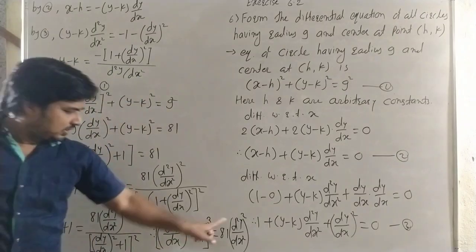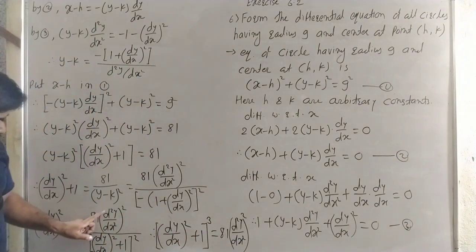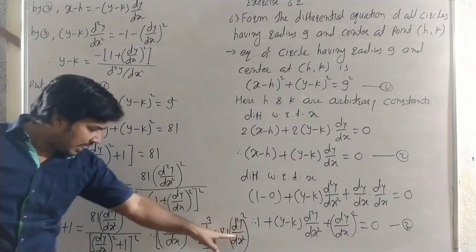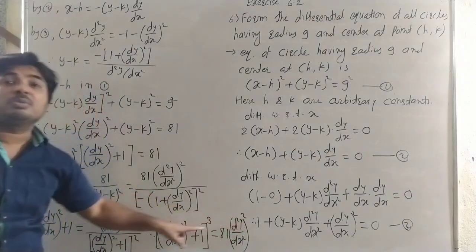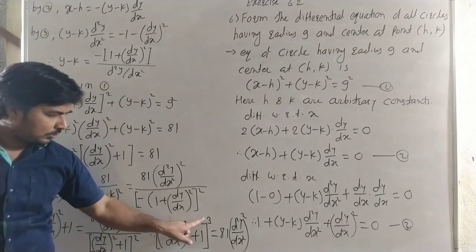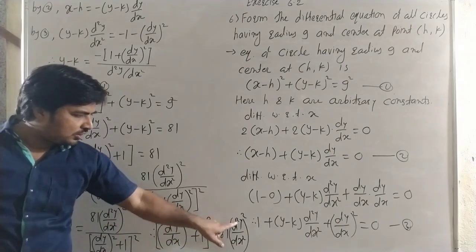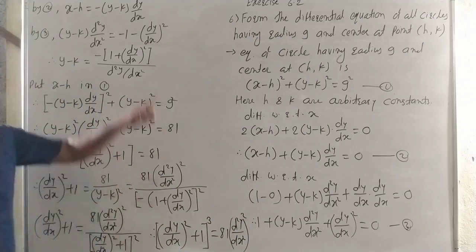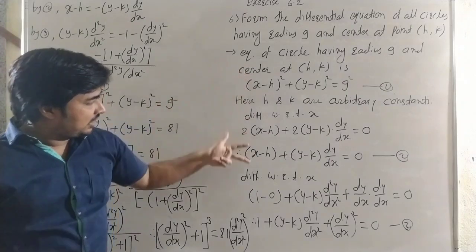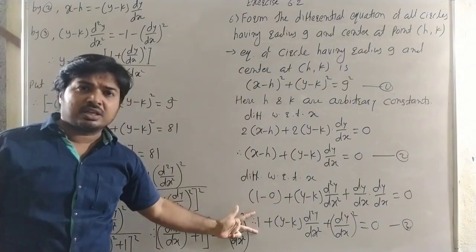Here it is 81 (d²y/dx²) whole square, and here it is our required differential equation: ((dy/dx)² + 1)³ = 81 (d²y/dx²)². See the calculation carefully. First it is the equation of a circle, then the first derivative and the second derivative.